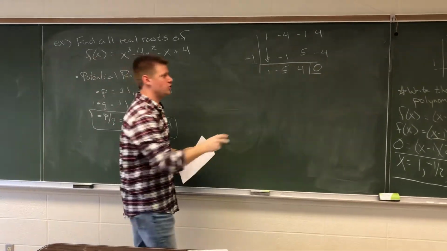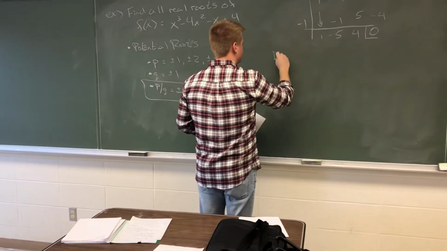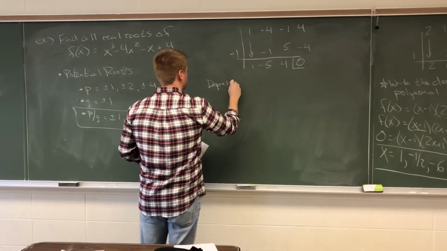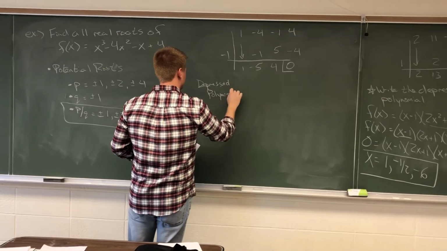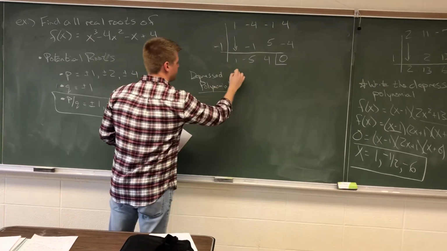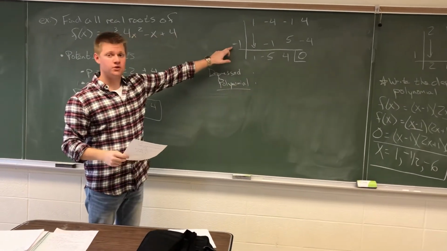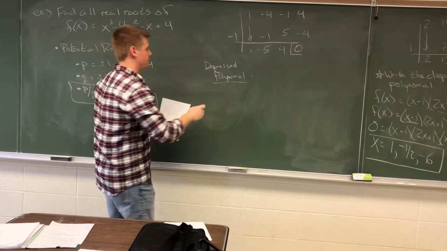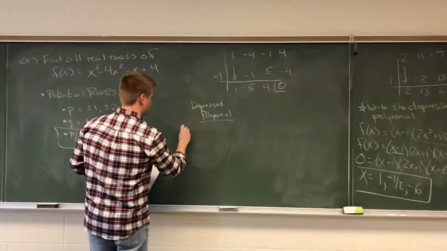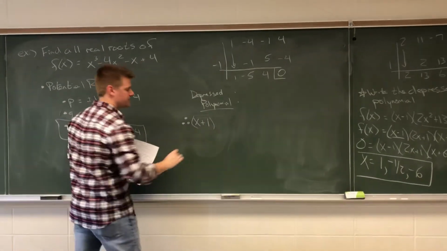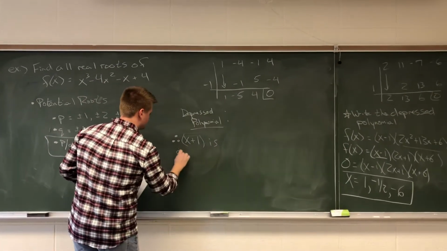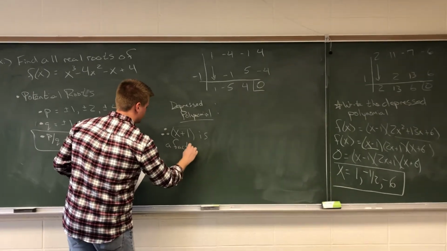I can continue and write the depressed polynomial. And once again, this is a solution, negative 1, which means x plus 1 is a factor. And that's always where I want to start this next part. Okay.